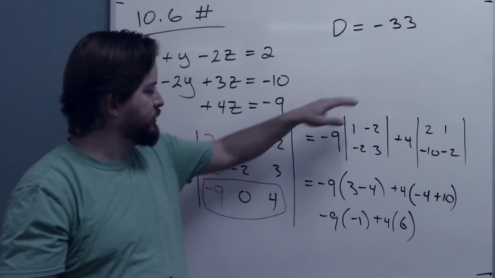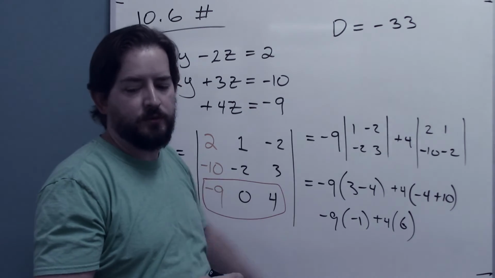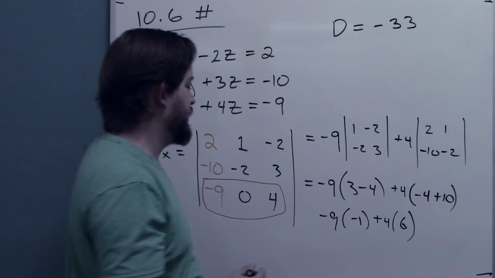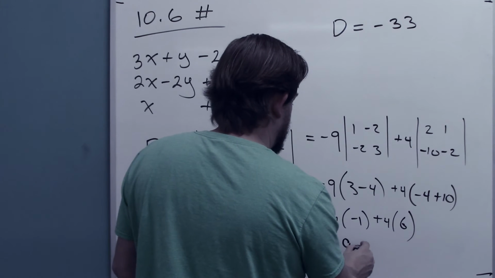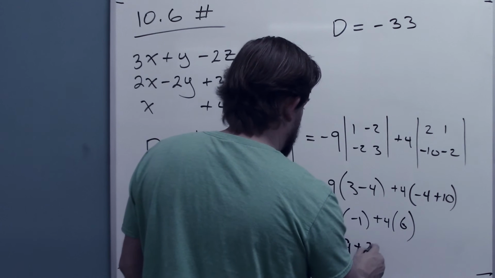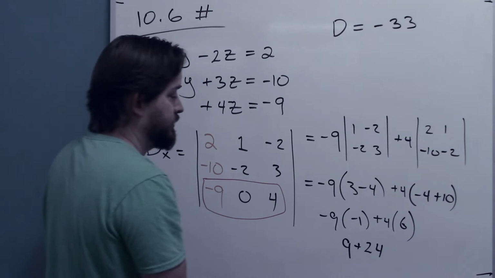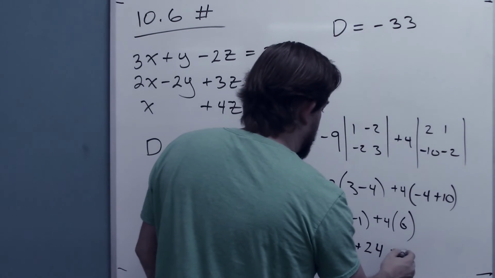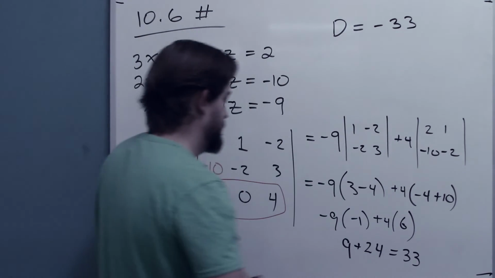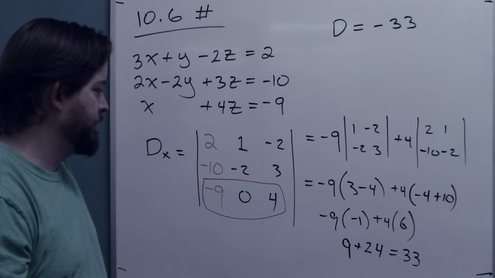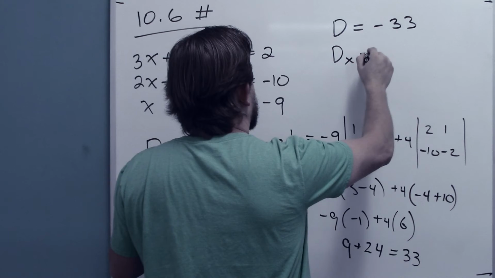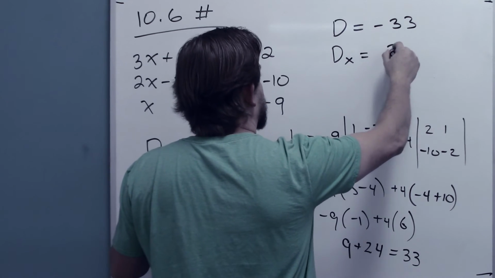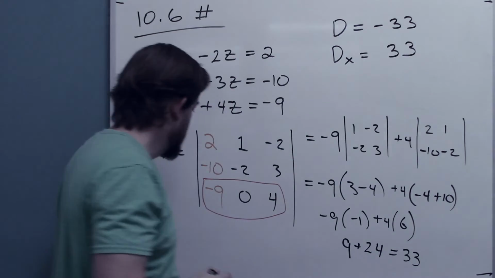Hopefully it's a multiple of 33 in the end, otherwise I might be revisiting my determinant. But here we've got positive 9 plus 24, which is indeed 33. That's a good sign. Okay. So that's my dx. And that was 33.